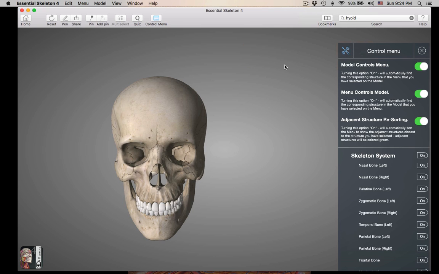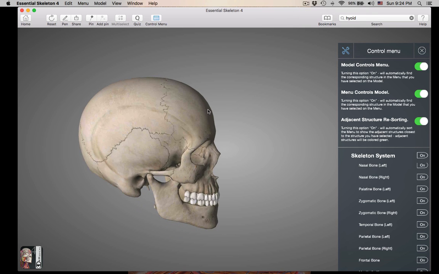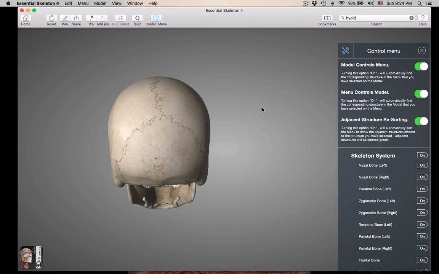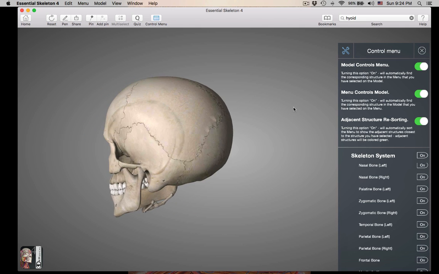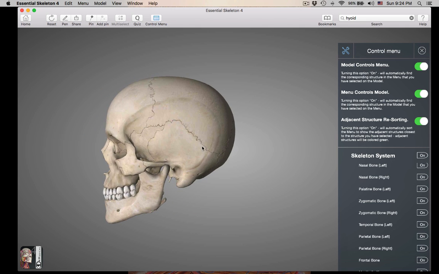The skull is actually formed by 22 separate bones. They're joined together by joints called sutures. These are immovable joints. They look like little seams. And if you have access to a real skeleton, these are so cool to see.